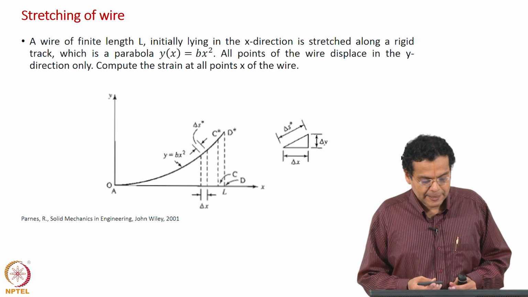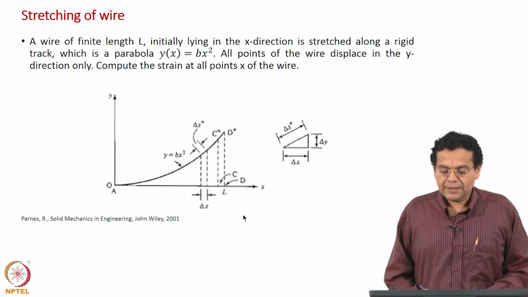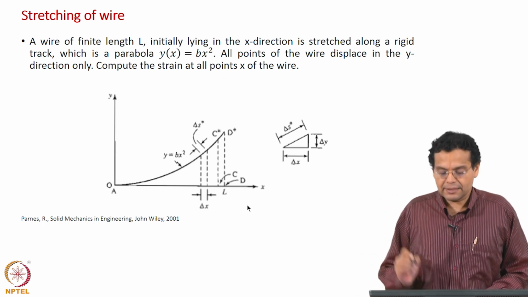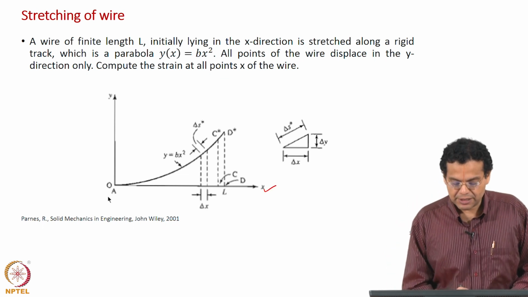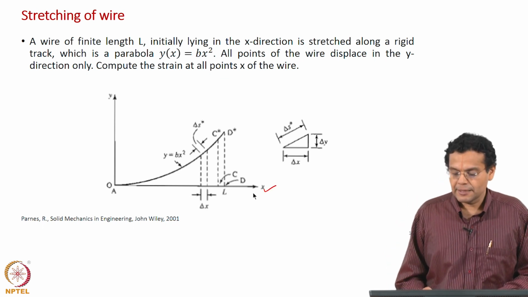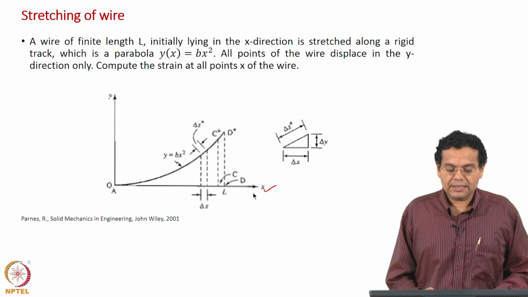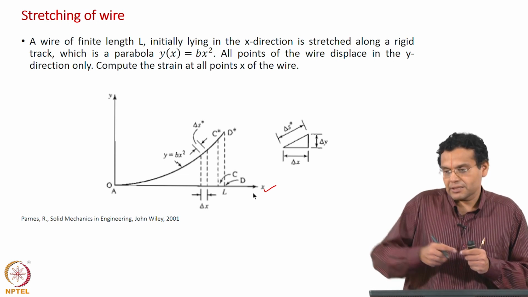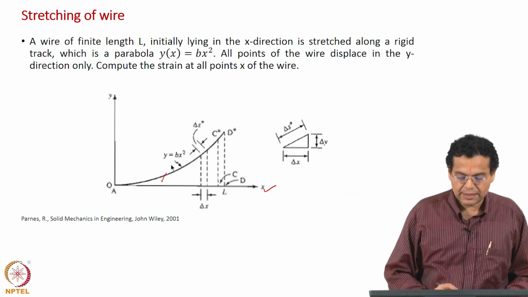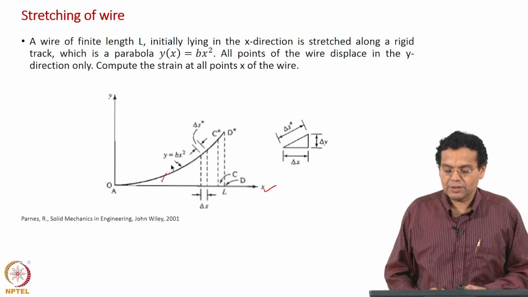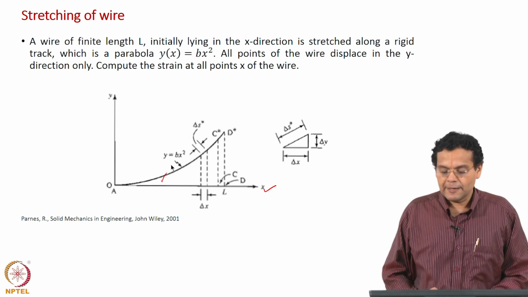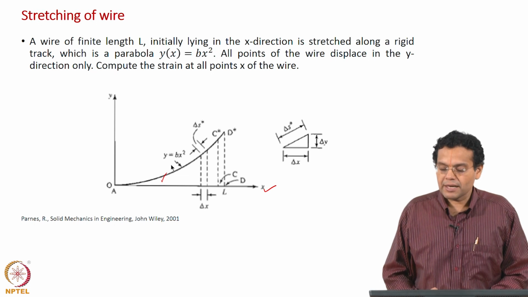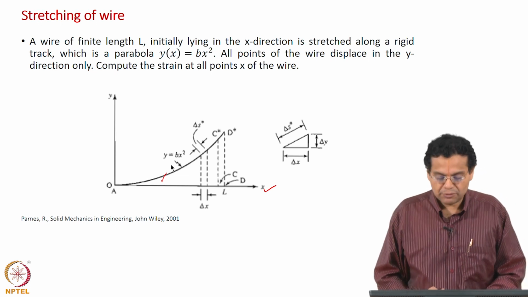Let us read this. A wire of finite length L initially lying in the x direction. So, initially your wire is along the x axis, is stretched along a rigid track which is a parabola. So, you are stretching it along this track, which is a parabola, which is given as y of x equal to b x squared. All points of the wire displaced in the y direction only. What does it mean?